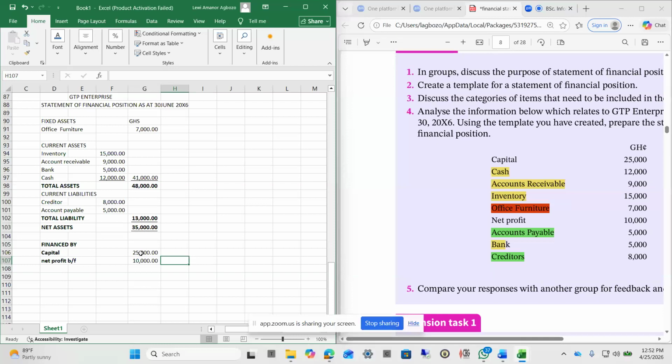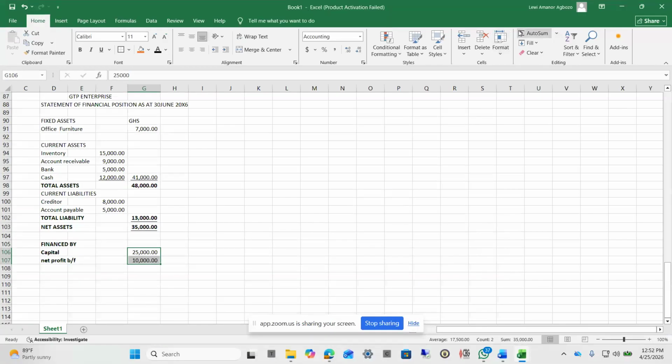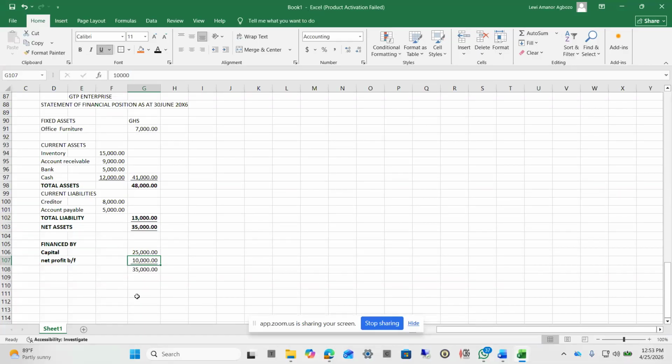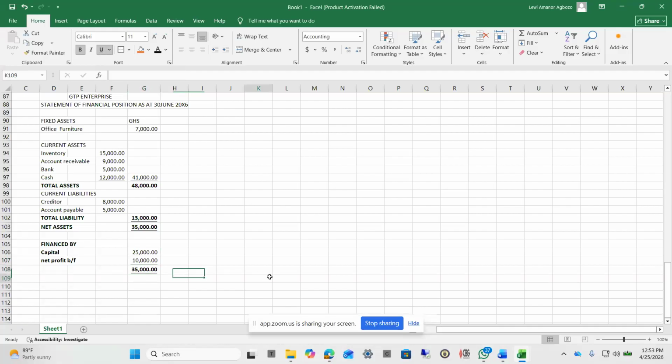It will give us a total of 35,000. So this 35,000 is the same as this 35,000.